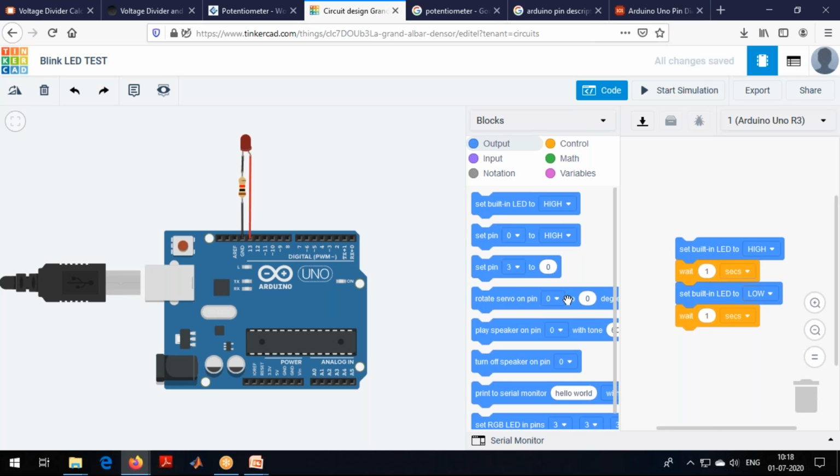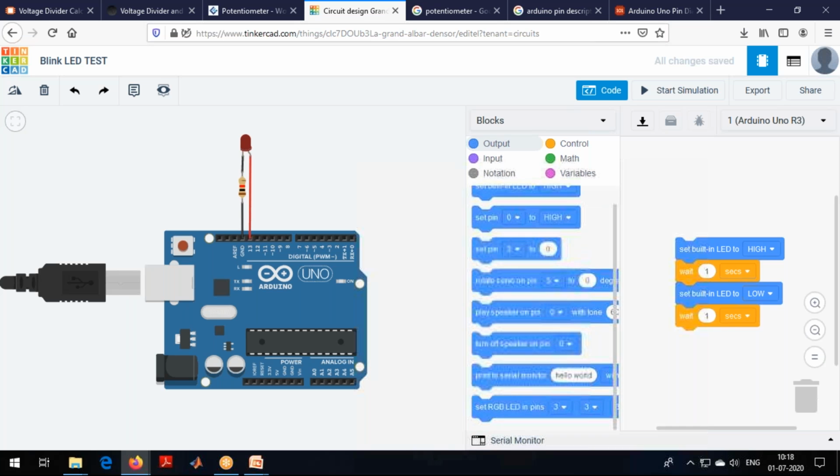Rotate servo on a particular pin. For example, I am connecting a servo motor to pin 5, so I need to write rotate servo on pin 5. Play a speaker on 0. If I have a speaker connected over here, and I connect it to any one of these pins, I can give the instruction play speaker pin on with a particular tone.